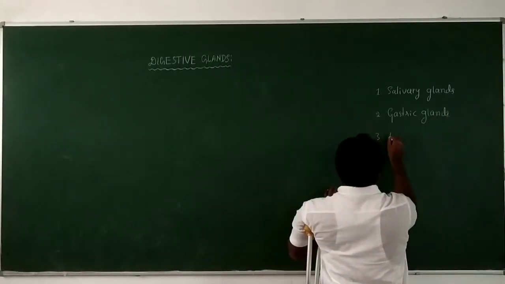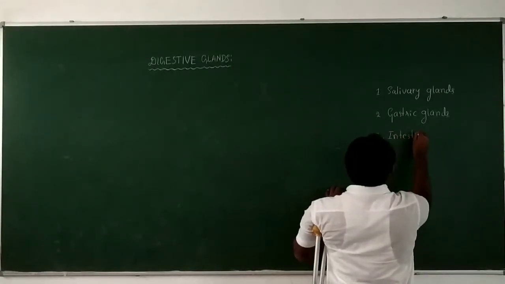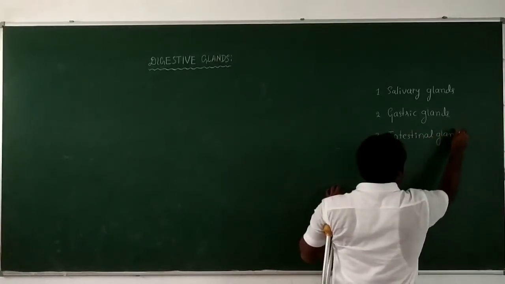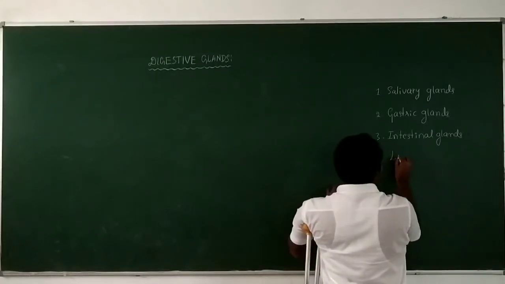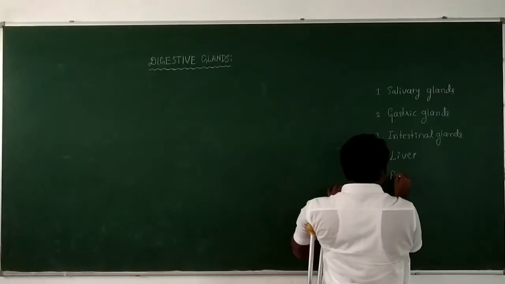And third one is intestinal glands, which are present in the small intestine. Okay, and fourth one is liver, and fifth one is pancreas.